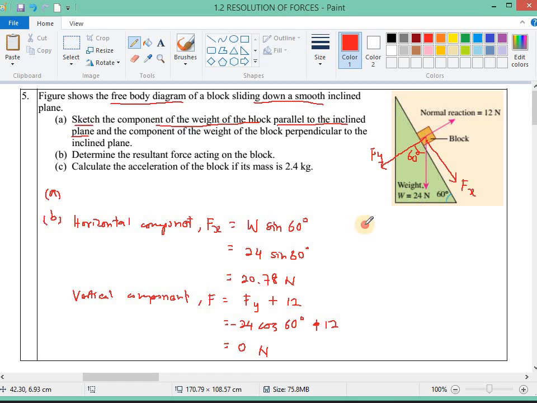After that, C, calculate the acceleration of the block if the mass is 2.4 kilogram. So F equals ma. What are the forces acting on the block? The vertical component is already 0, so only the horizontal component is left, which is 20.78. This 20.78 Newton is actually the resultant force acting on the block.